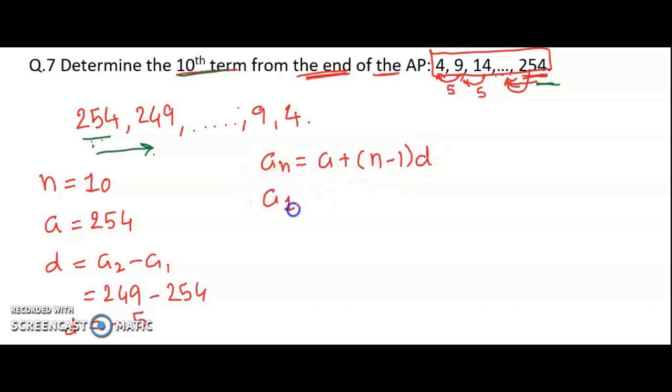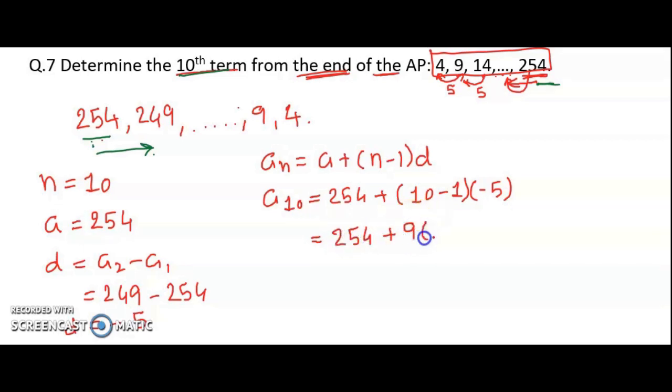We have to find out the 10th term. A10 will be equal to a, that will be 254 plus n minus 1, that is 10 minus 1, multiplied by d. d is minus 5. So we'll get 254 plus 10 minus 1, that is 9, multiplied with minus 5. So that will be 254 minus 45. So the 10th term from the end of the AP is 209.